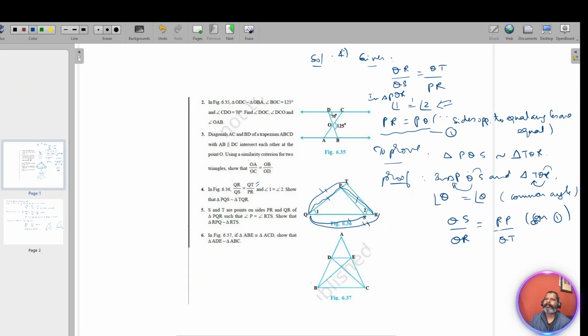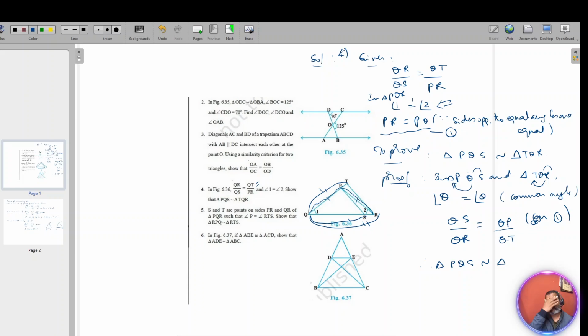Understand this, very important. Therefore, by SAS, triangle PQS is similar to triangle TQR by SAS similarity.